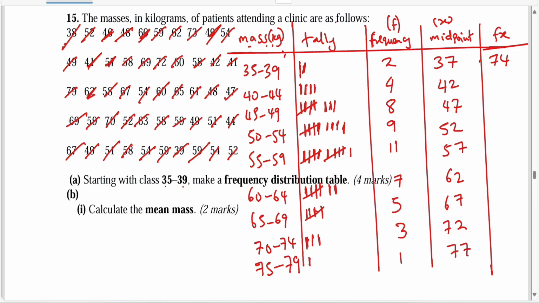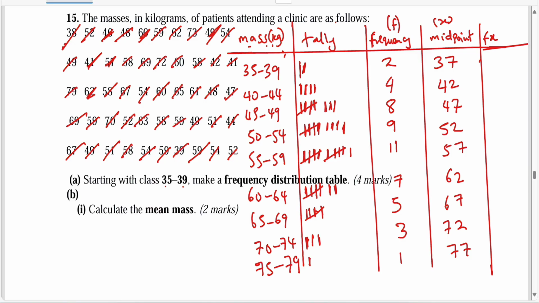So yeah, there is a way. Okay, 74, 42 times 4 is around 168. Okay, 168. Let me just write fx kidogo tu ndo nipate nafasi ya cf.